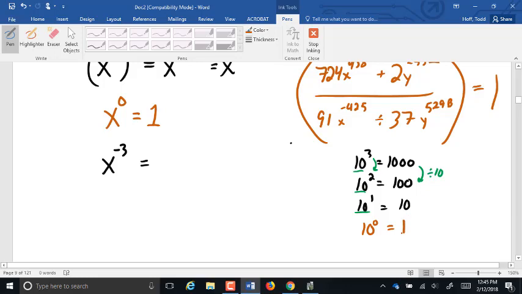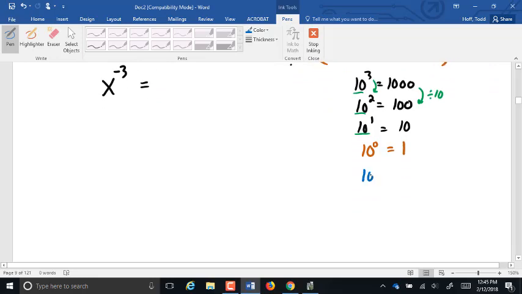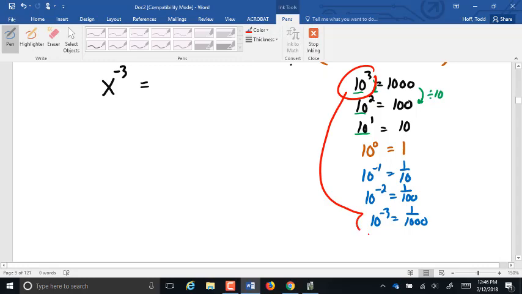But if we keep going with that, 10 to the negative 1, we have to divide by 10 again. That's 1/10. 10 to the negative 2 would be 1/100th. 10 to the negative 3, 1/1000th. And what we notice here is there's a connection between 10 to the 3rd and 10 to the negative 3rd.